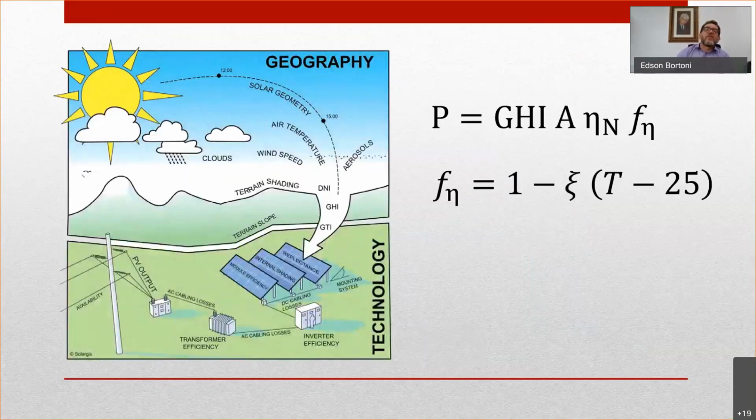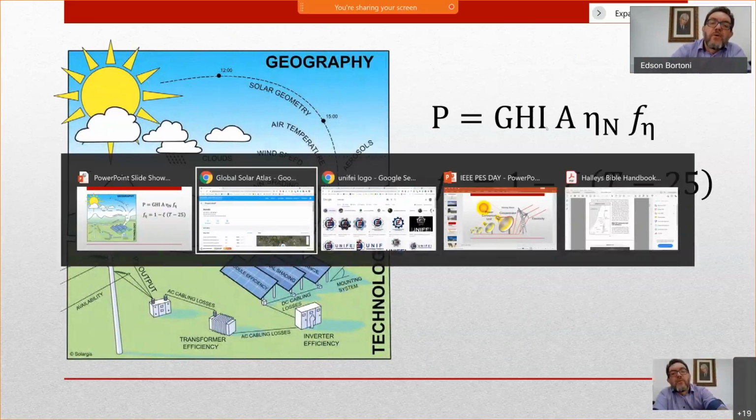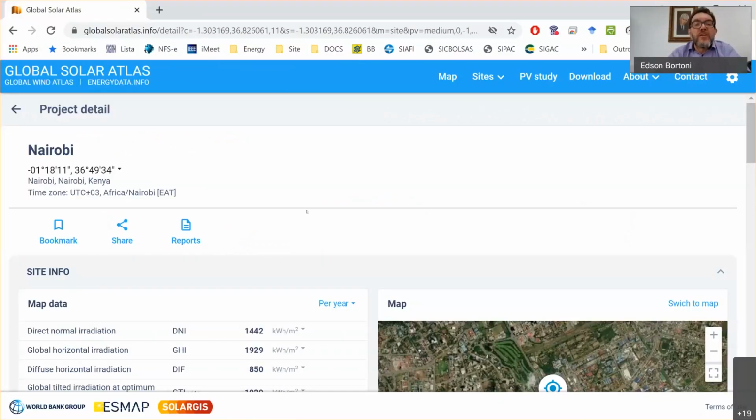The potential evaluation of solar cells you can have here. As we are engineers, we have to know how to calculate things. So the power you can extract from a solar panel is the GHI, the global horizontal irradiation that you can take from this website.